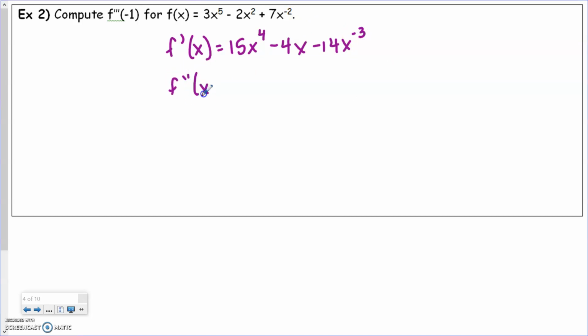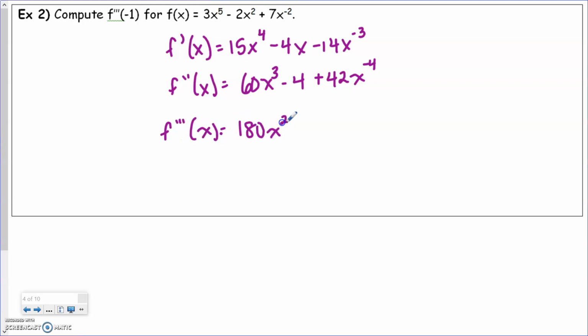Okay, we're going to do it again to find our second derivative. So we get 60 x to the third minus 4, and then plus 42x to the negative fourth. And then f triple prime of x is going to be 180 x squared. This becomes 0. And then negative 4 times 42 is negative 168, and then take 1 from that exponent.